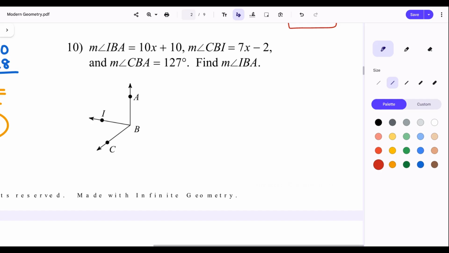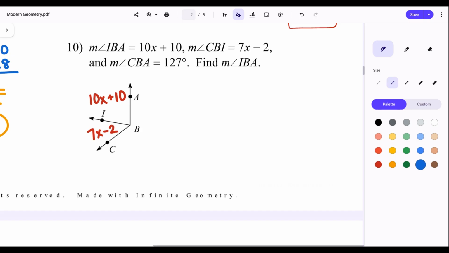So measure of angle IBA. So just follow those letters, I to the vertex B up to A. That's 10x plus 10. So that's this part right here, 10x plus 10. So just squeeze it in there if you can. And then CBI, that's the other side of the angle down here, is 7x minus 2.